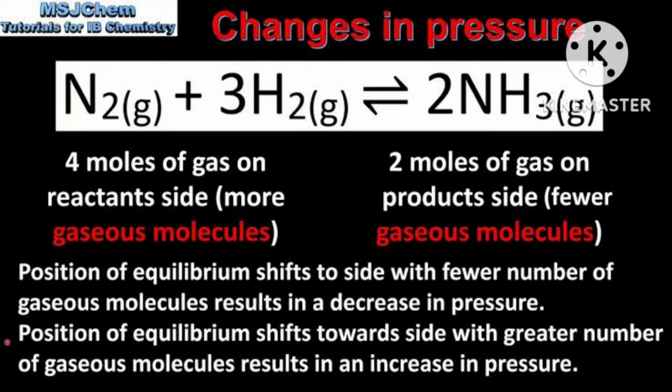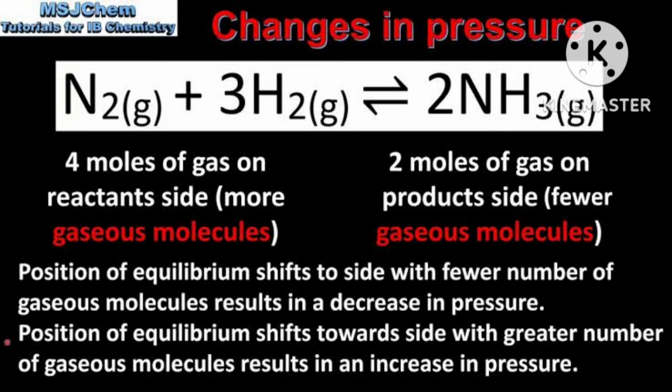Both the number of moles of reactant and product must be different, only then it will apply. And the best example I have already given, N2 plus 3H2: N2 is 1 mole, H2 is 3 mole, total 4 mole of reactant, and it is giving 2NH3, means 2 mole ammonia. See, reactants are 4 mole, products are 2 mole.